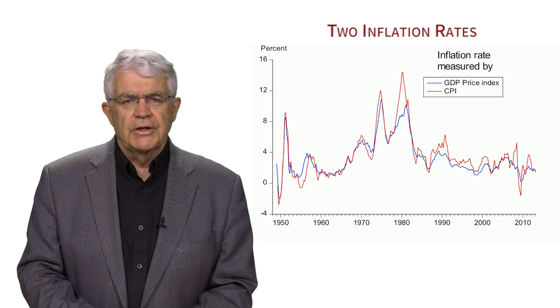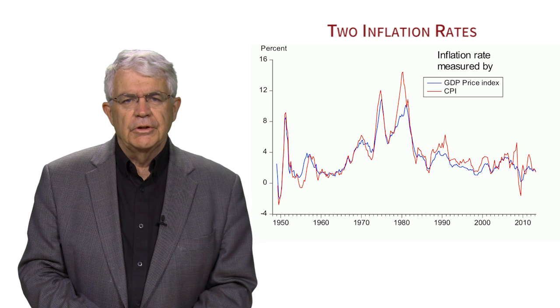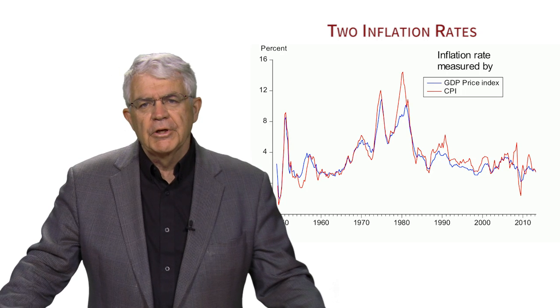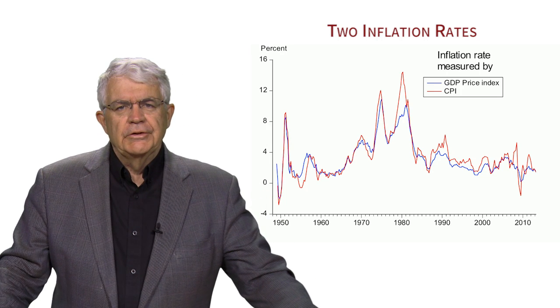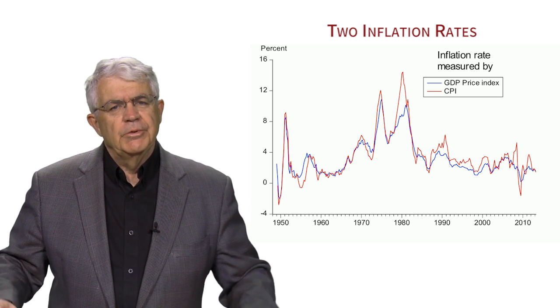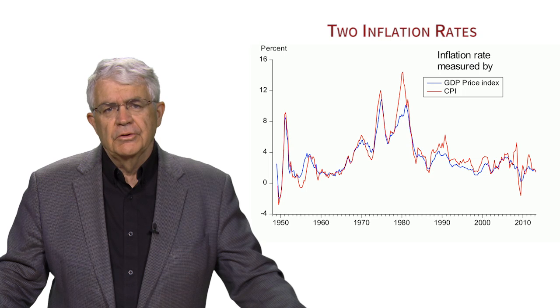This goes back to the 1940s. They both have that blip in the early 50s. They both have these extreme high levels in the 1970s. They're both coming down in the 80s, and they both remained relatively steady since then. There's a little more volatility in the Consumer Price Index than in the GDP Price Index. GDP covers more goods and services because it includes investment, it includes government, not just what consumers spend, which is what is in the Consumer Price Index.